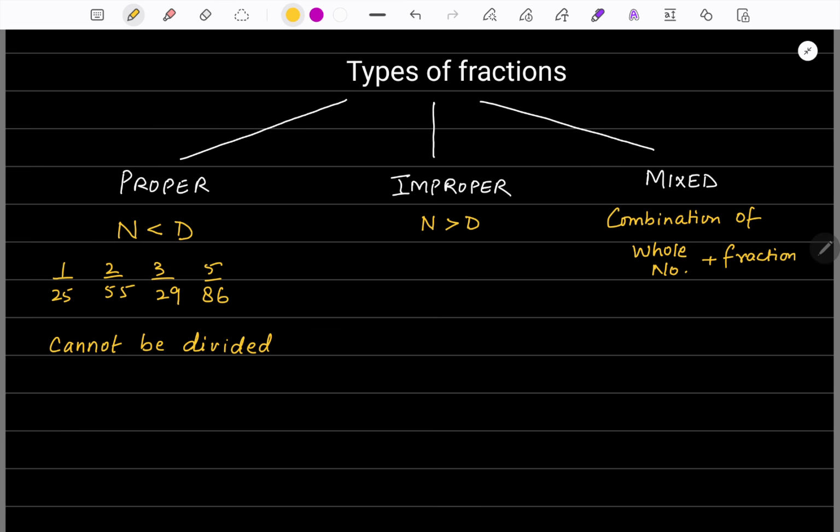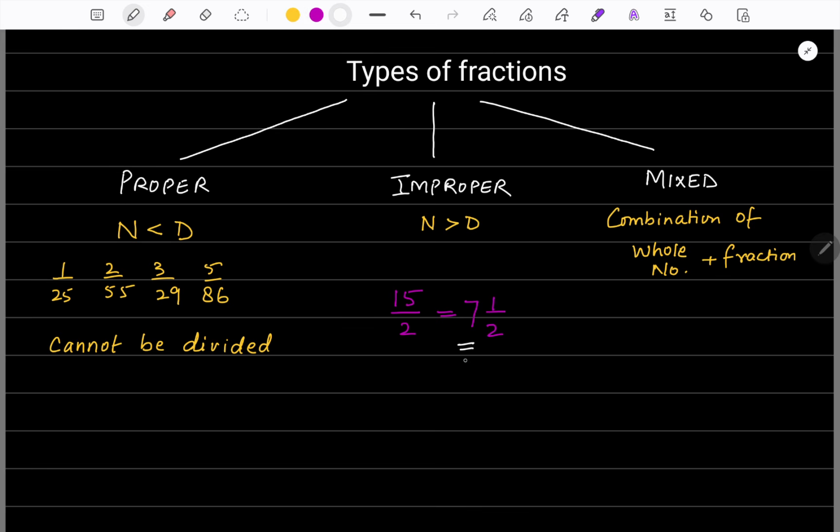Whereas in improper fraction, an example can be of the kind 15 by 2. So 15 is bigger than its denominator, and since 15 is bigger than its denominator, it's possible to divide it further. So when we divide 15 by 2, 2 sevens is 14, remainder is 1, so it becomes 7 1 by 2.